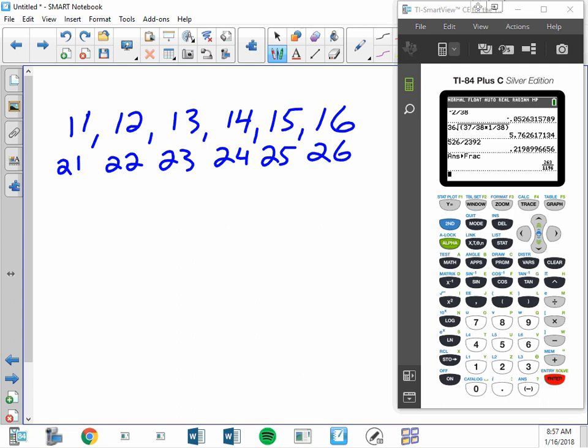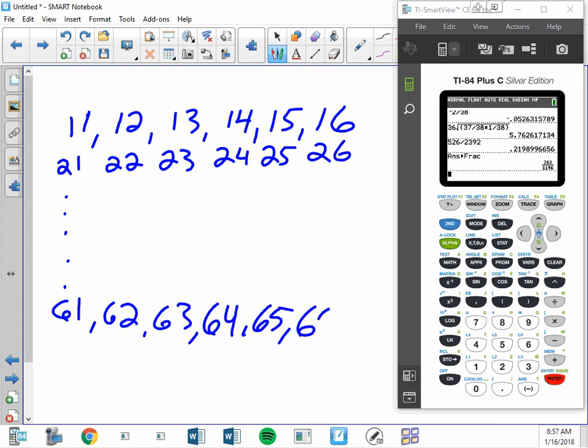Now I'm getting lazy. Dot, dot, dot. 61, 62, 63, 64, 65, and 66. So how many ways are there, or how many outcomes are there? If I filled out that whole table, how many possibilities are there?